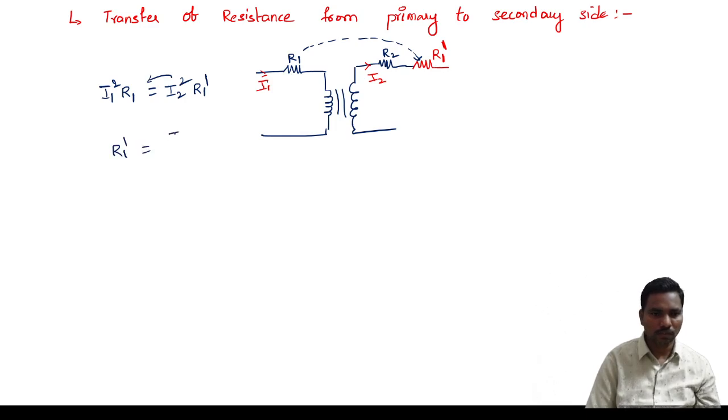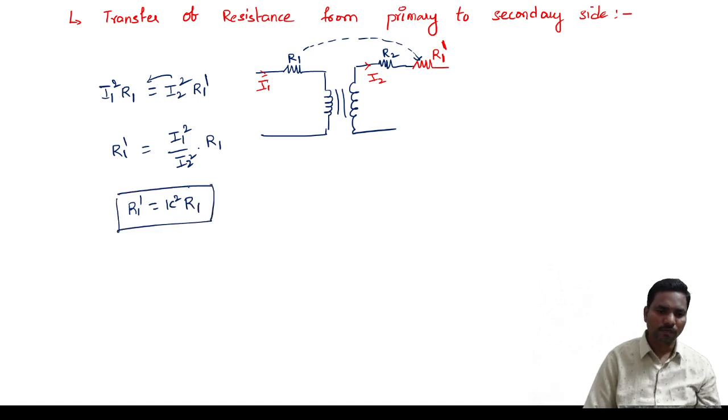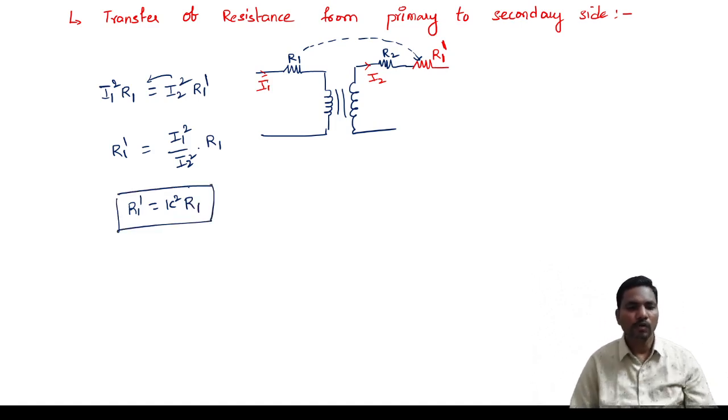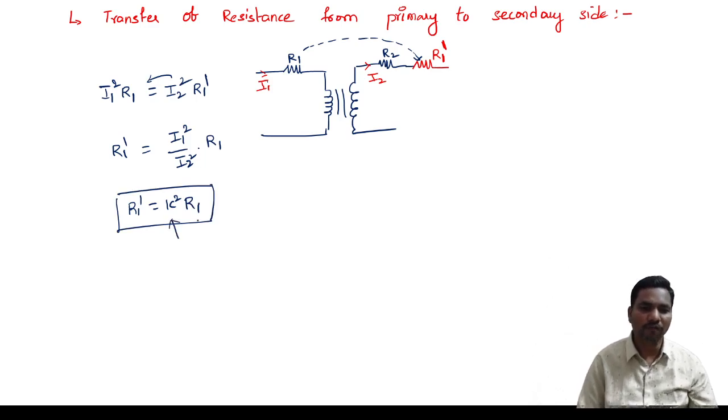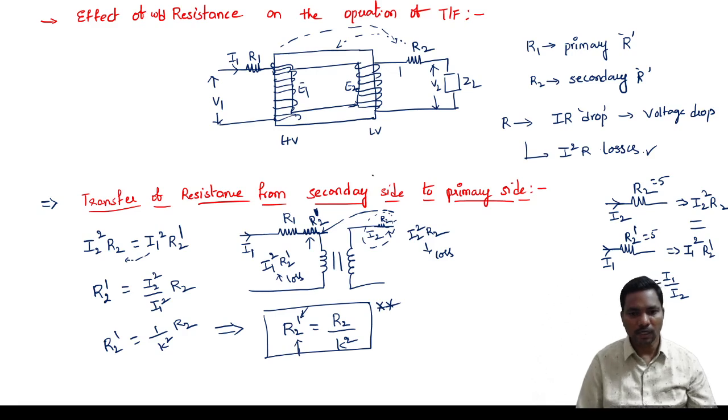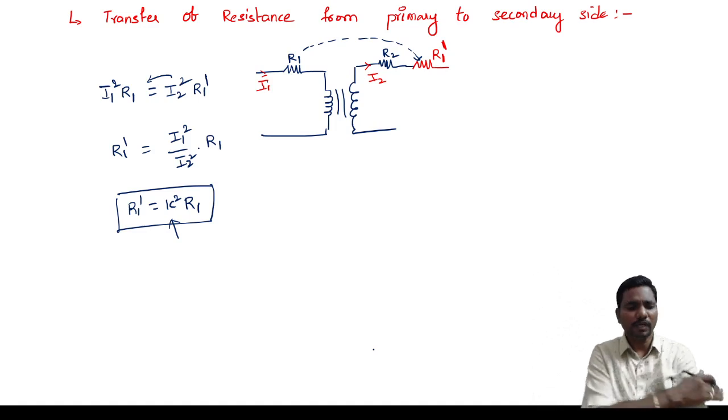R1 dash is equal to I1 square by I2 square into R1. I1 by I2 is K, so you get K square into R1. This is the relation. Primary to secondary, you have multiplication by K square, and secondary to primary, we have division by K square.